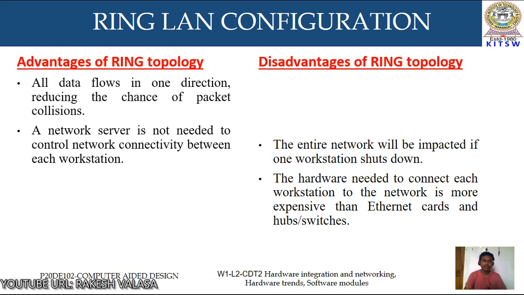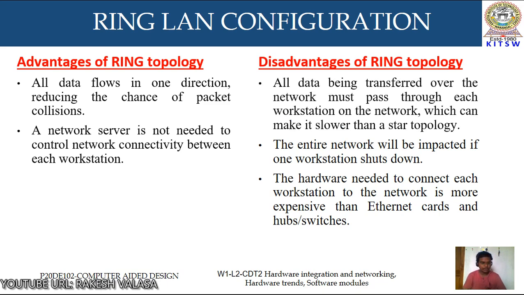Let us see the disadvantages of ring topology. All data being transferred over the network must pass through each workstation on the network, which can make it slower than a star topology. The entire network will be impacted if one workstation shuts down, because all workstations are connected to each other and make a circular path.